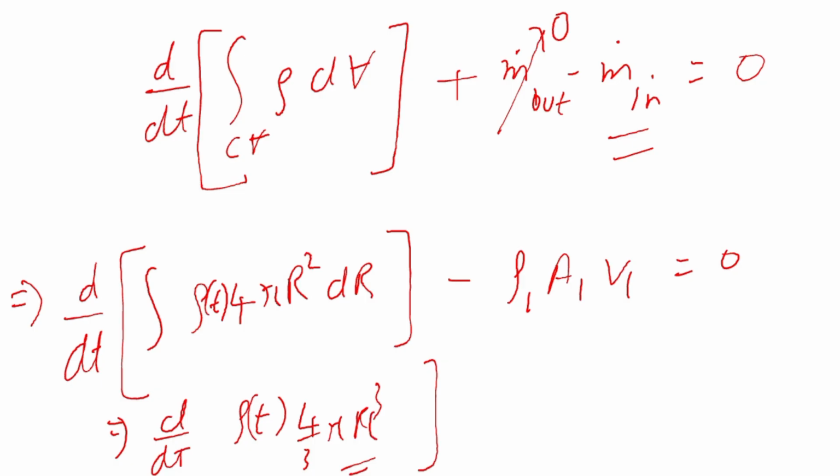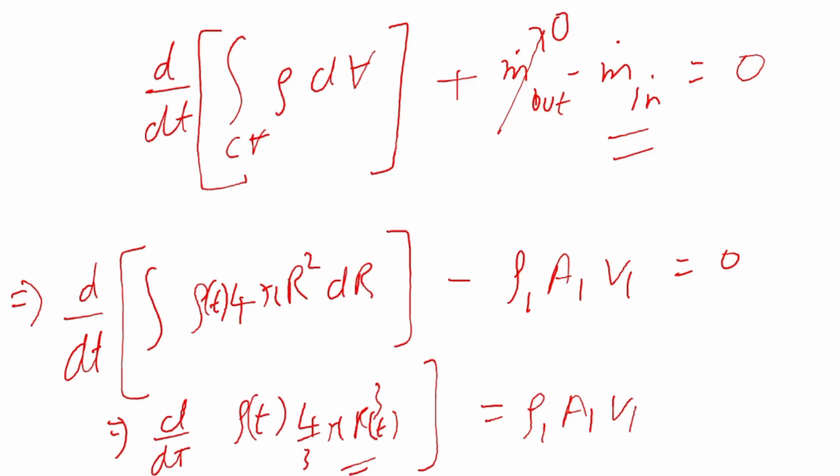But this radius is also a function of time, and then you end up with this equal to rho 1 a1 v1. So density times the volume, what is it? It's nothing but just the mass.